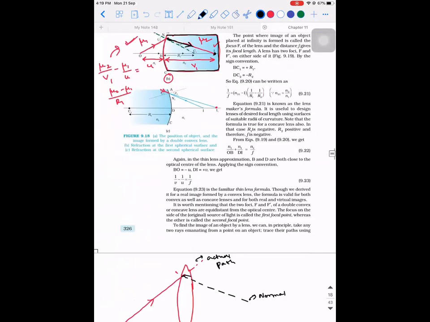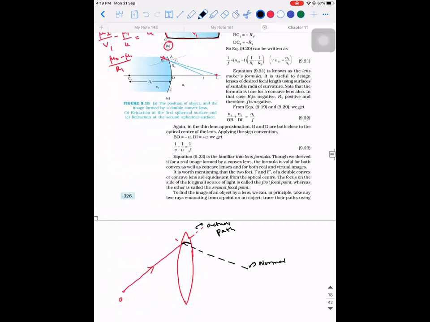The second ray got bent in such a way that, if the second refracting surface was not there, then where would the final image have been formed due to one refracting surface? It would have been at I1, and this I1 is this point.